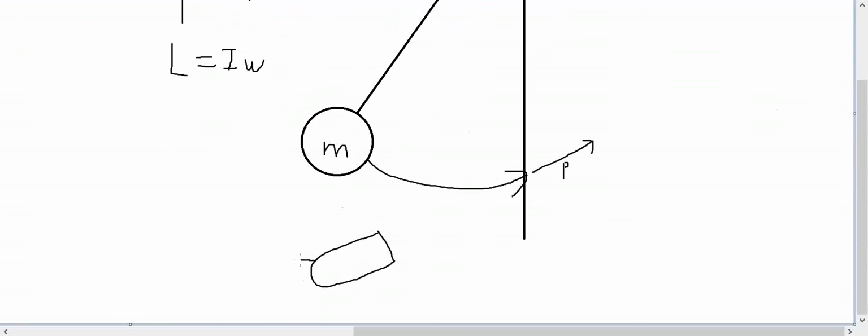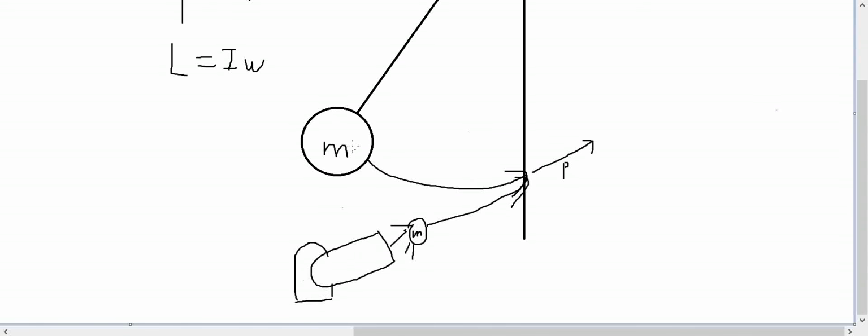You have a cannon. I don't know how to draw a cannon, so just draw this. There's a cannon, and you fire a ball, same mass and velocity, at the wall.